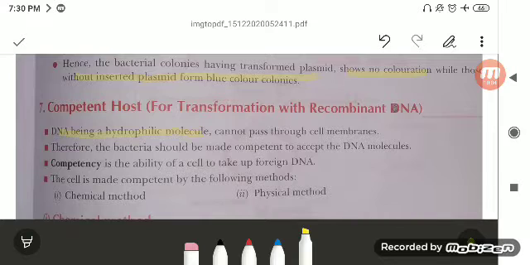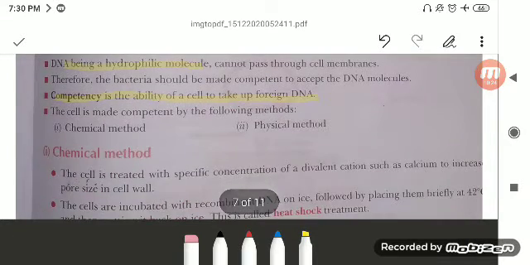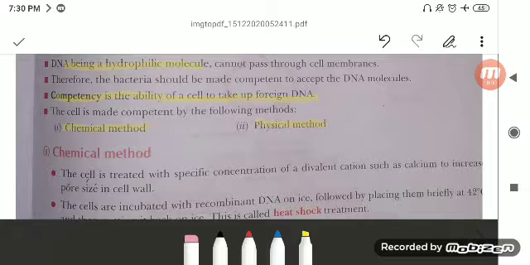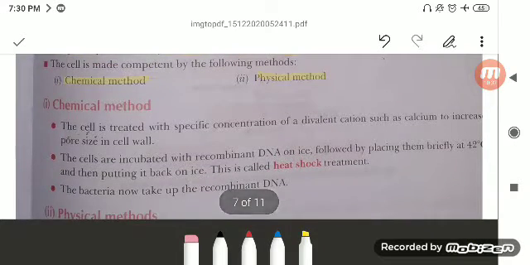Therefore bacteria should be made competent, which means they have to be made permeable so that the DNA can be accepted by the host cell. So that is what competency is. It is the ability of the cell to take up foreign DNA, and the cell is made competent by the following methods. We have two methods: one is the chemical method, another is the physical method. First we will take the chemical method.